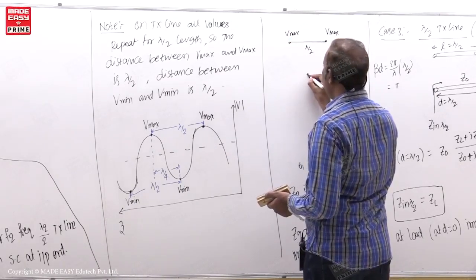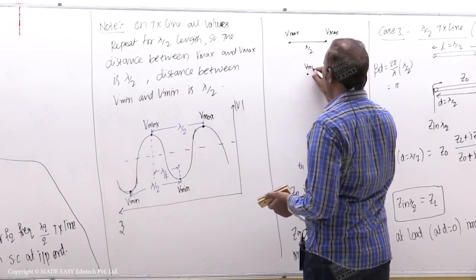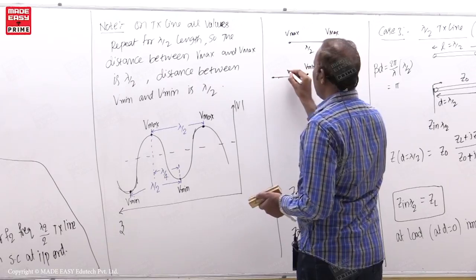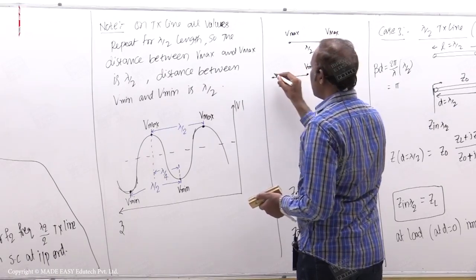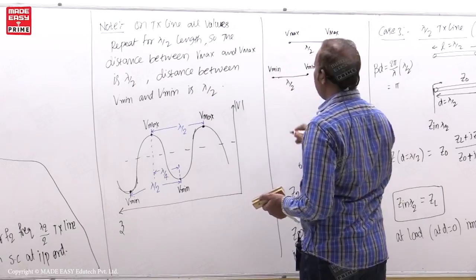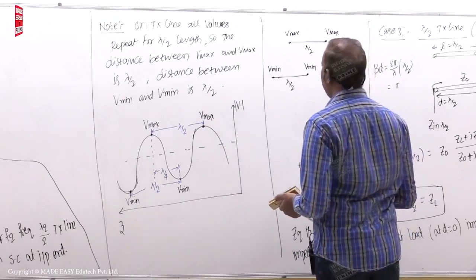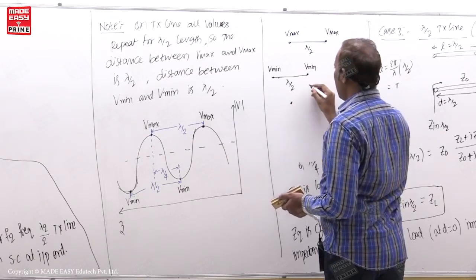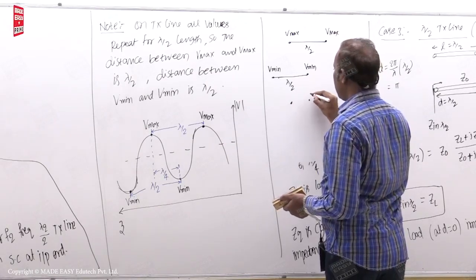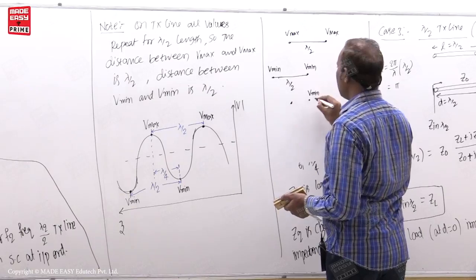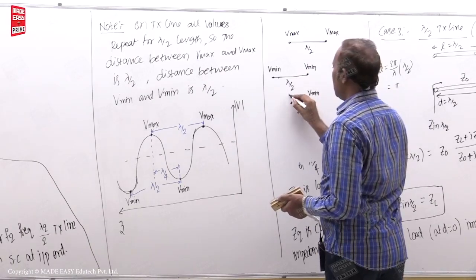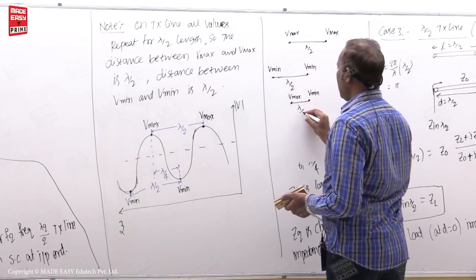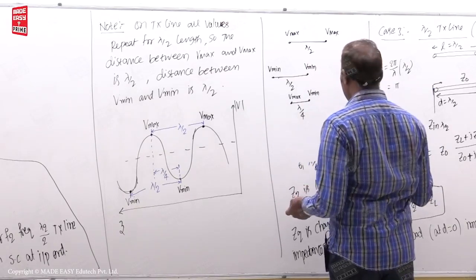Next, anywhere if you find V minimum, then again after lambda by 2 distance you will find V minimum. Now the distance between V maximum and V minimum is lambda by 4.